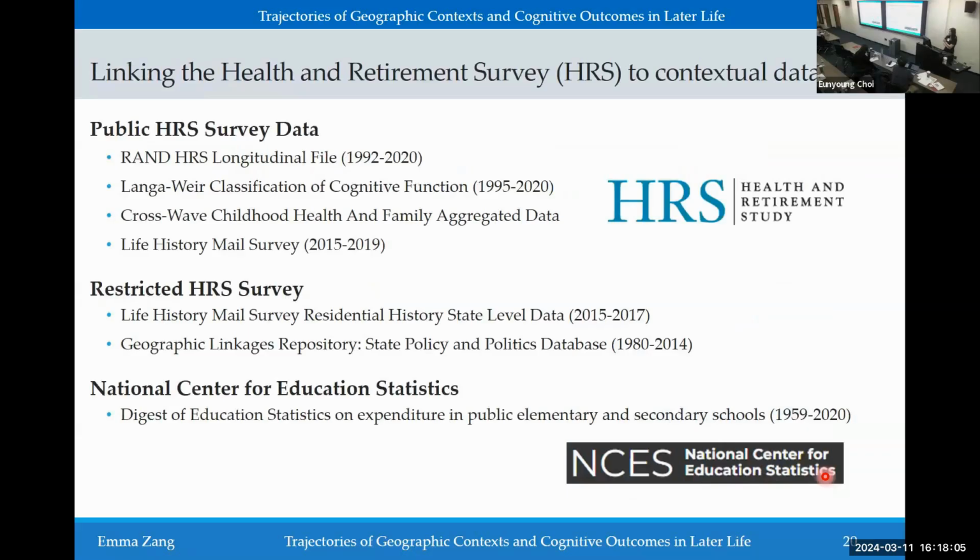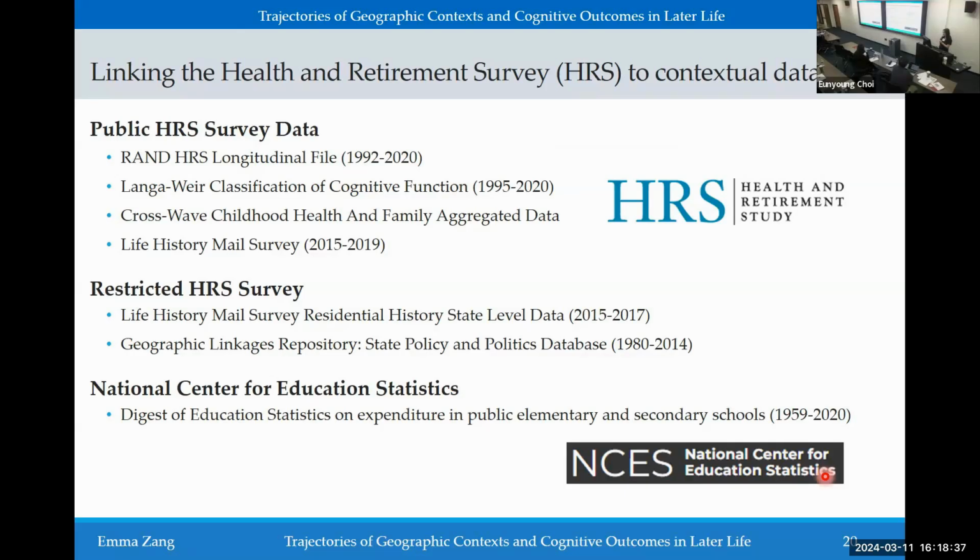We use public HRS data as well as cross-wave childhood health and family aggregated data and the life history and health survey to capture some of the childhood control variables. We also use the restricted HRS survey, which includes the residential history state-level data, which gives us people's residential histories from birth.